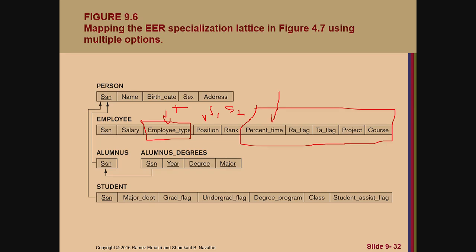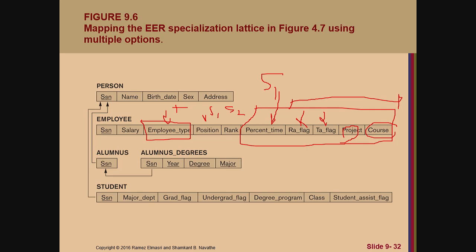This one is actually from the superclass, but the other from here is the subclass of the student assistant. So they use the flag. In the other techniques, right? The flag is Boolean to show whether the assistant is a research assistant or teaching assistant. And here are the attributes of them.